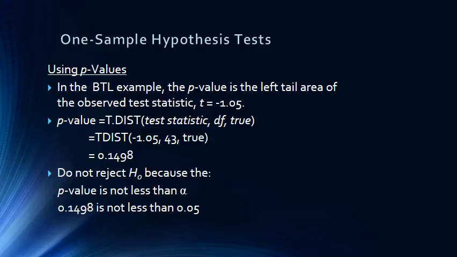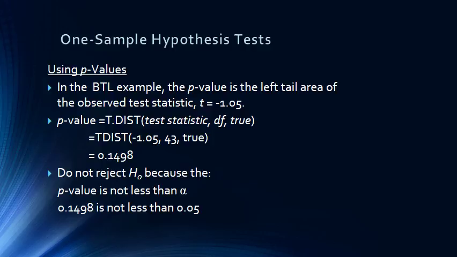So it will be T.DIST of negative 1.05, 43 for the degrees of freedom, and true, which gives us 0.1498. Our result is not to reject the null hypothesis because the p-value is not less than alpha; in fact, it is greater than alpha.